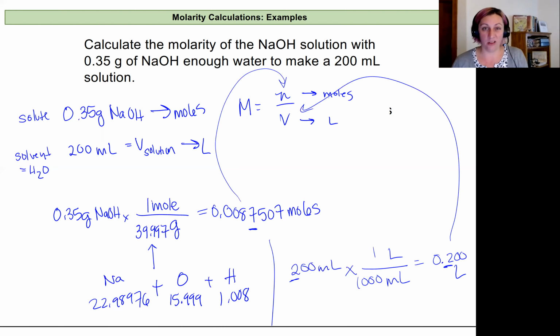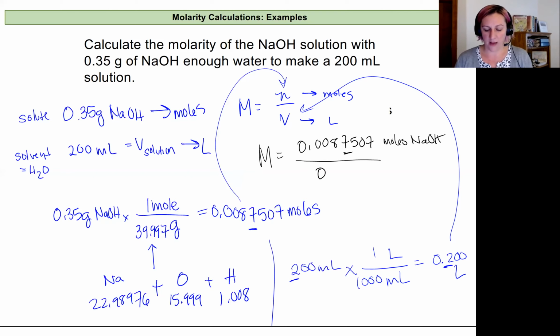All right. So now let's actually calculate molarity. So molarity will be equal to that number of moles I calculated, my 0.0087507 moles of my sodium hydroxide, keeping track of my significant figures, divided by my volume in liters of my total solution.